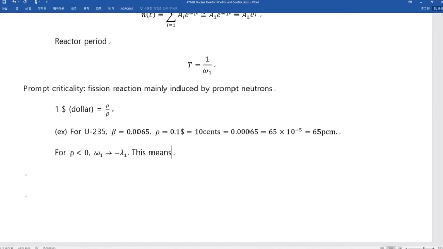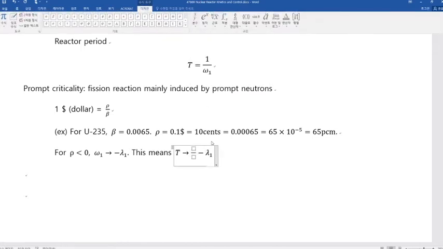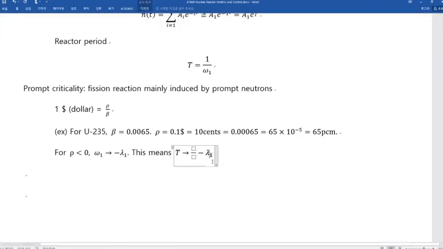This means the reactor period approaches 1 over lambda.